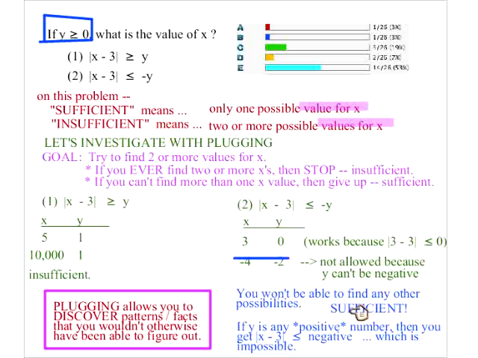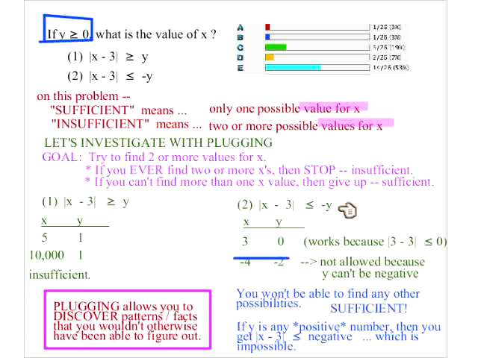But plugging will figure it out for you, because you just won't be able to come up with anything else. And after a while, you'll be like, oh, hey, I see what's going on here. Whenever I plug in a positive for y, I get a negative on this side, and that is not ever going to happen.